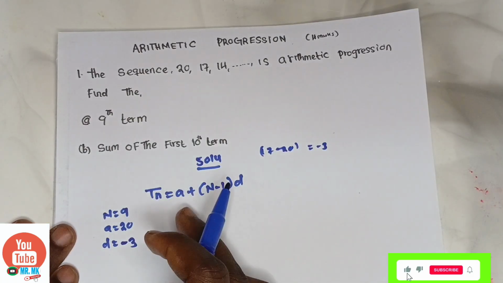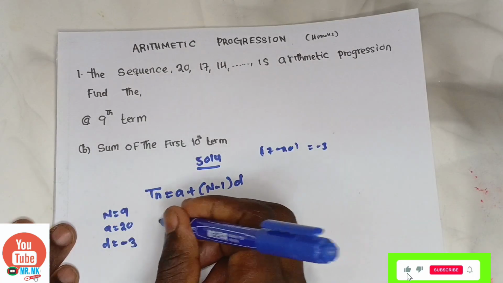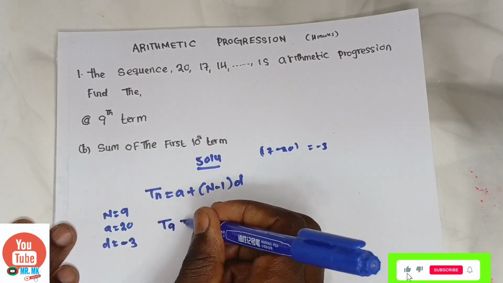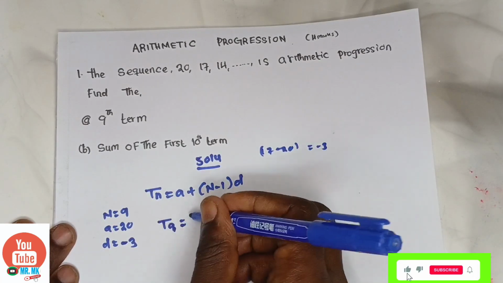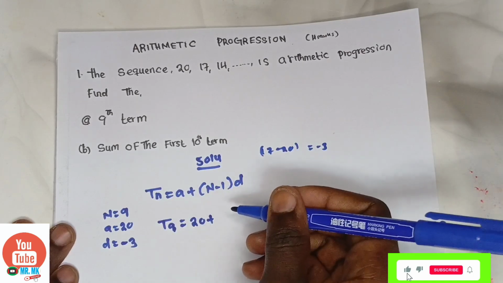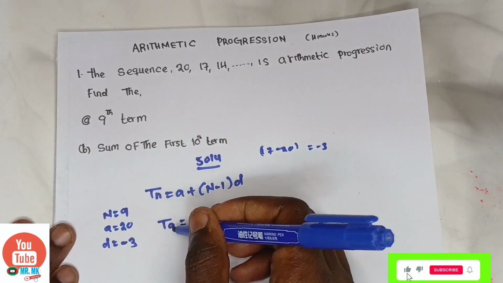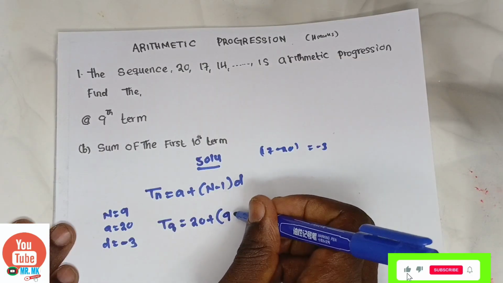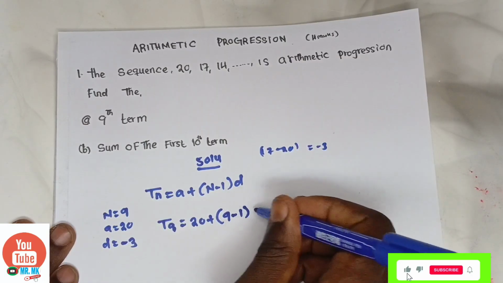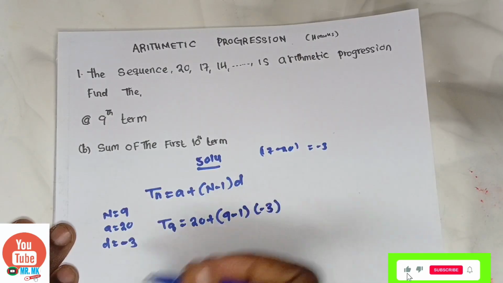Now you replace what you have here to get the 9th term. Tn is equal to a, our first term, which is 20, plus, open bracket, n minus 1, where n is 9, close bracket, times the common difference, negative 3.